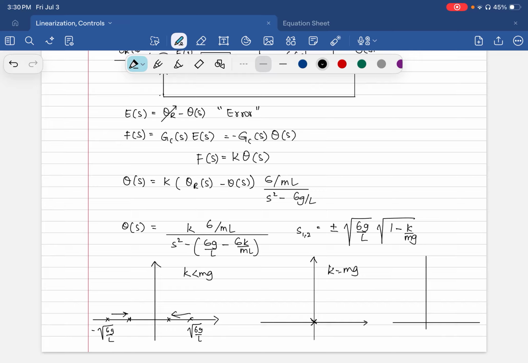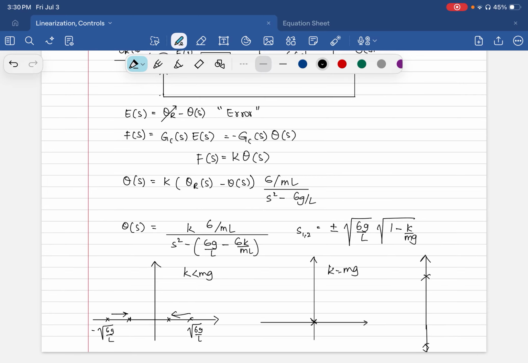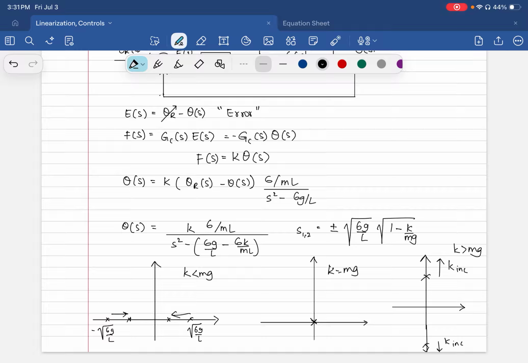In this case now, your poles have moved to the imaginary axis. And if your k is increasing, you will have it moving further away. This is where k is greater than mg. This is just by analyzing how the root's position changes.